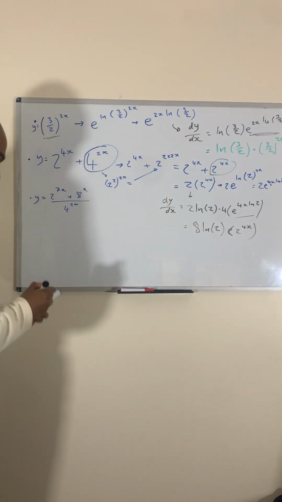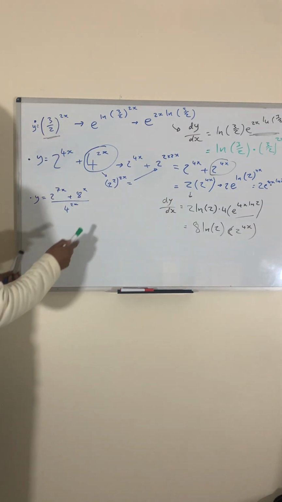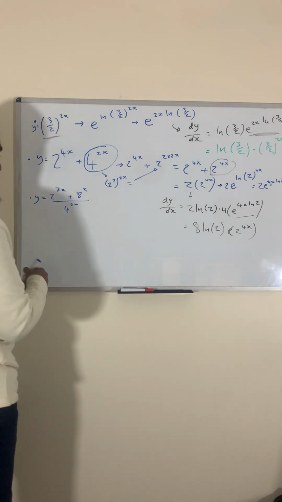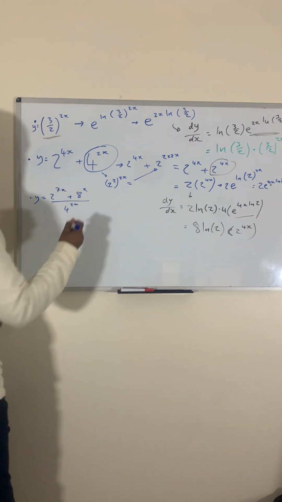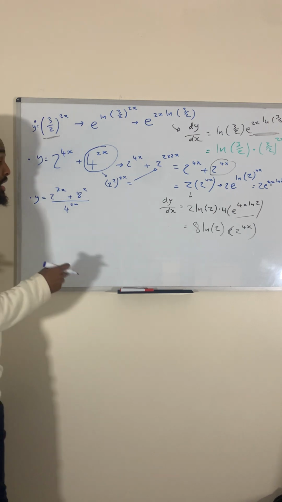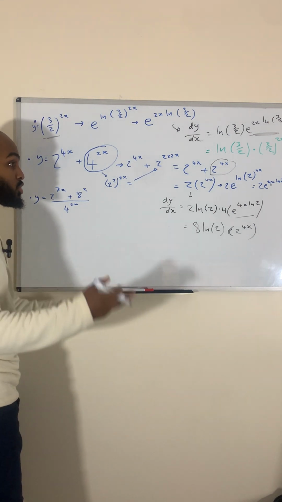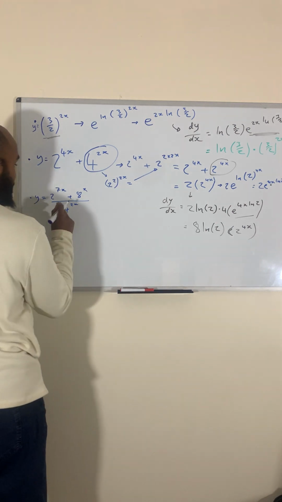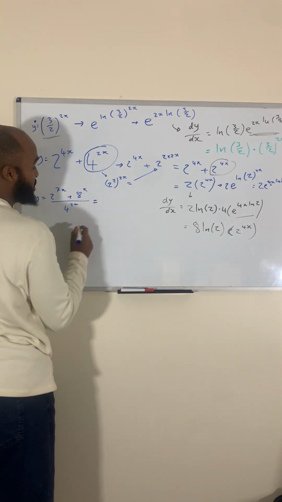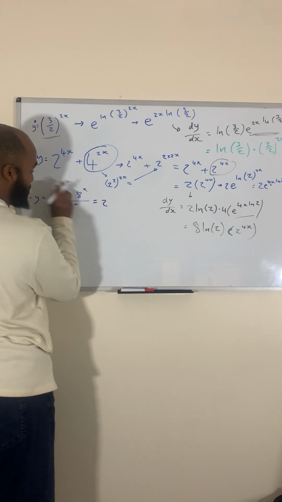Last but not least, let's do this one. I'm going to rewrite everything in the same power. That's why I keep saying a lot of people struggle with A level because they struggled with GCSE. This is indices. Some of my GCSE students could do this, just this part, rewriting.